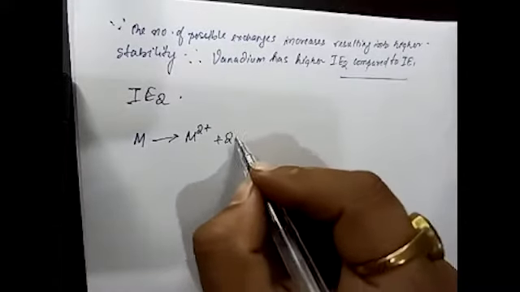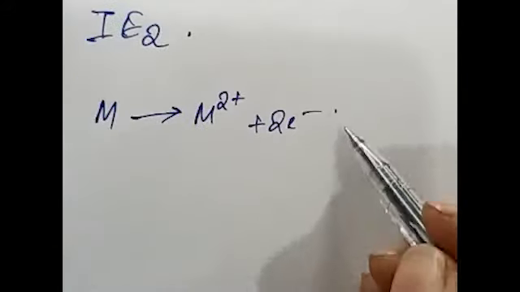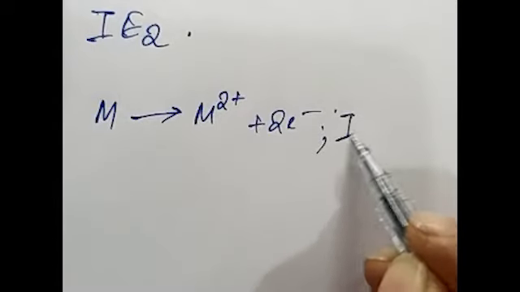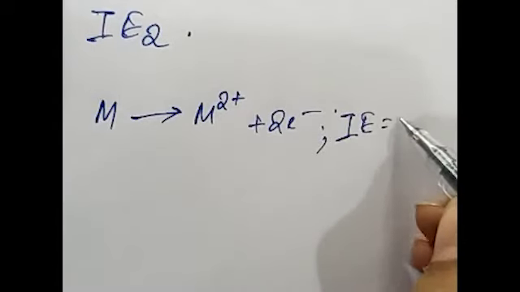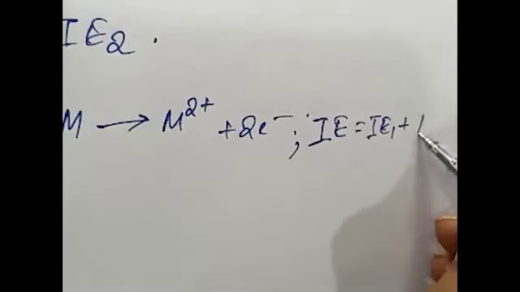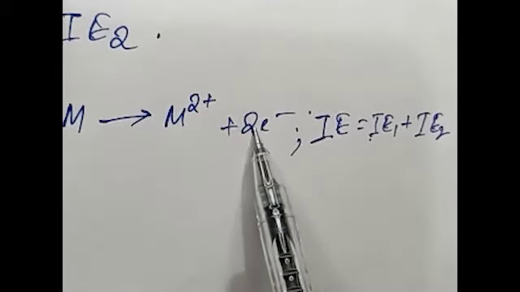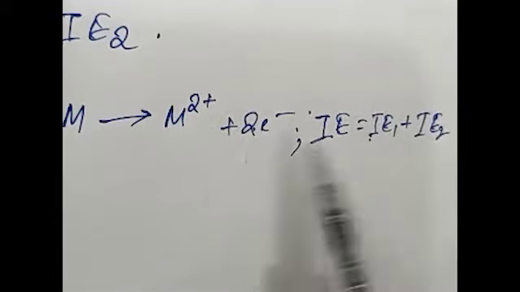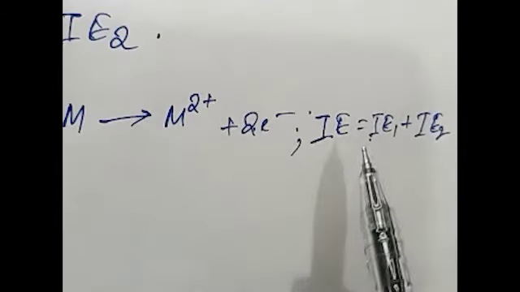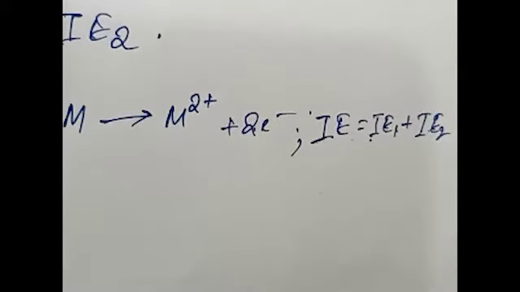If it is losing 2 electrons, the ionization energy given is equal to IE1 plus IE2, because when you give IE1 the first electron will go out, and when you give IE2 the second electron will go out. So the total ionization energy is first ionization enthalpy plus second ionization enthalpy.